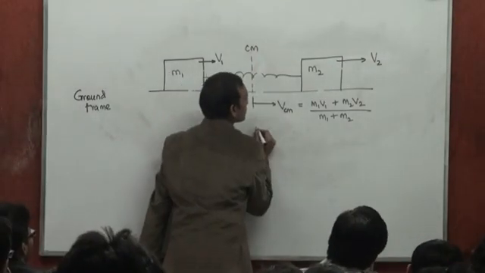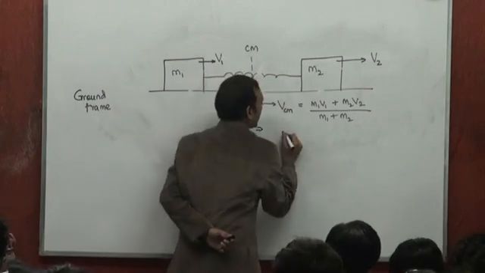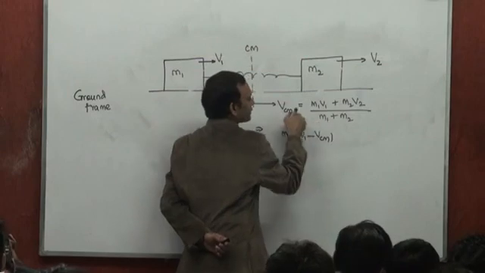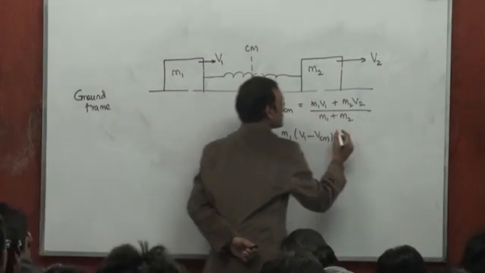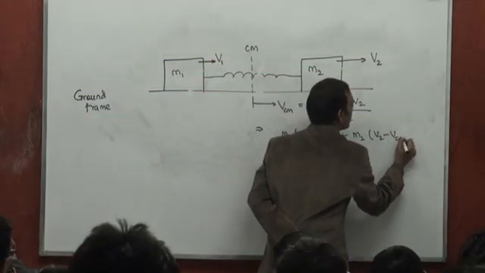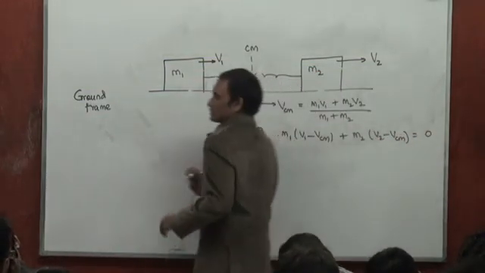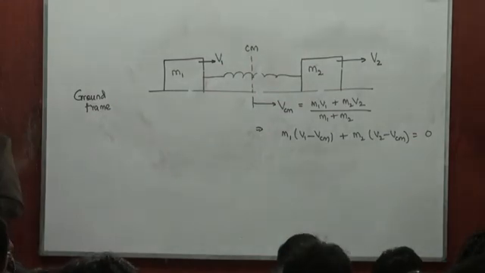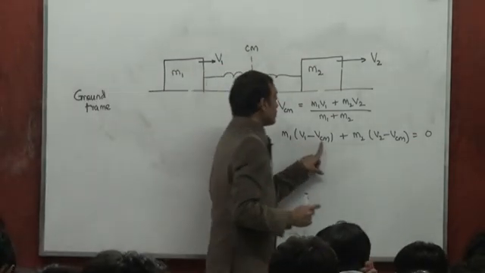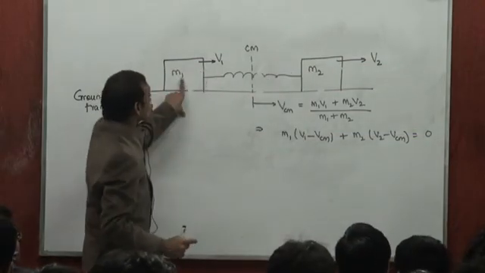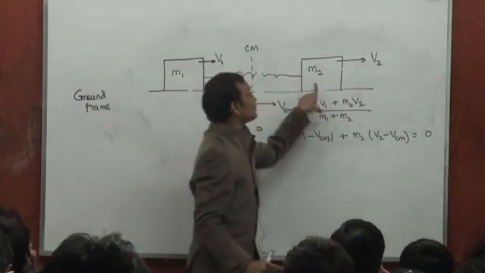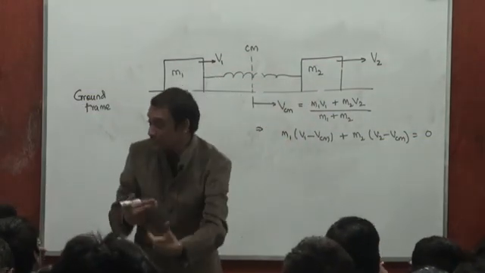Now this could be rewritten as M1 into v1 minus vcm plus M2 into v2 minus vcm equal to 0, collecting all terms on the same side, right? But v1 minus vcm is the velocity of M1 with respect to the center of mass. v2 minus vcm is the velocity of M2 as seen by the center of mass.